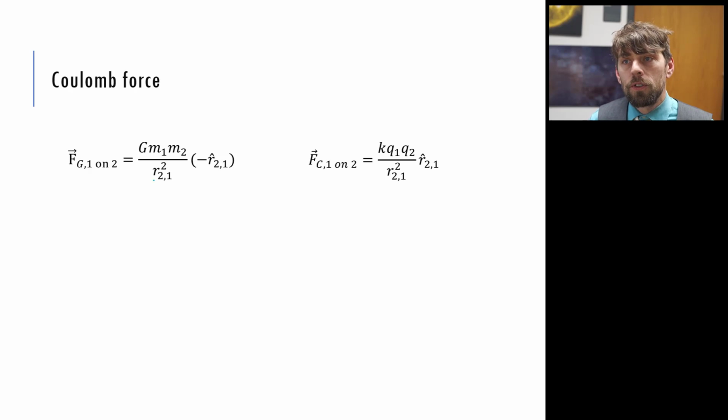So that's the first change that we see: the m's become the q's. Another change is that no longer do we have the gravitational constant, G, but we have what's creatively named the Coulomb constant, k, right here. And that's generally referred to as the Coulomb constant.